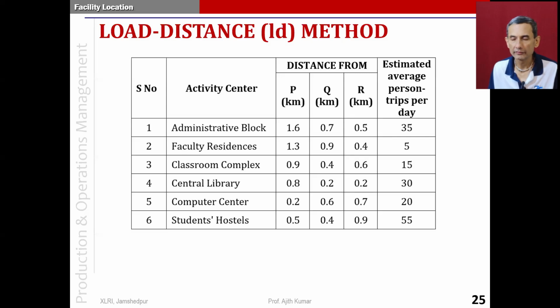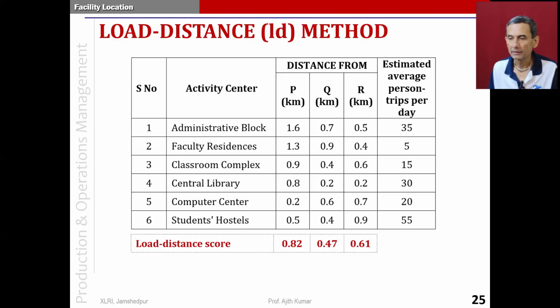Now, what do we do with this information? We compute the load distance score for each location P, Q, and R. It would be computed in a simple way. For example, for location P, it would be 1.6 into 35 plus 1.3 into 5 plus 0.9 into 15 and so on.